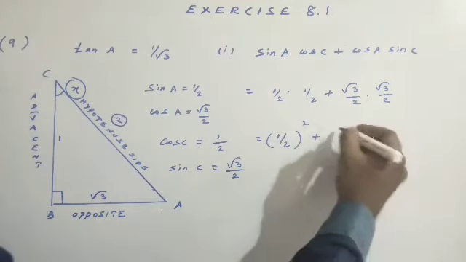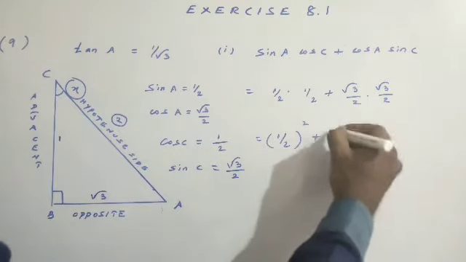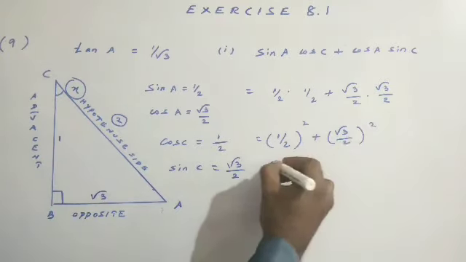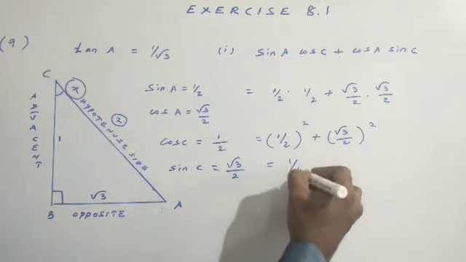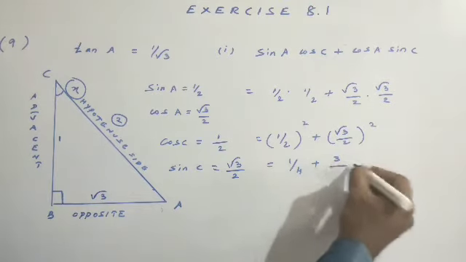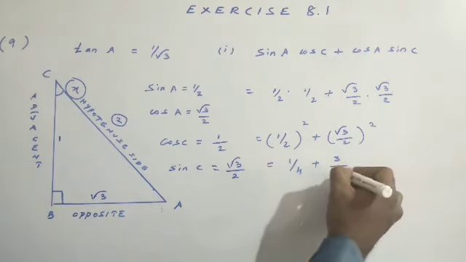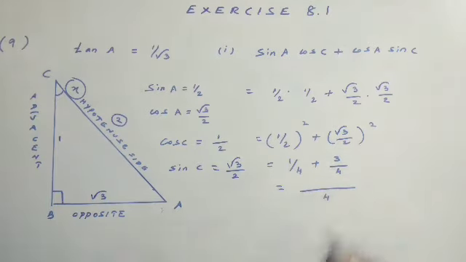So you can write first root 3 by 2 the whole square. After that you can write squaring of 1 gives 1, squaring of 2 gives 4, like the squaring of root 3 gives 3, squaring of 2 gives 4. The denominator is common, take 4.